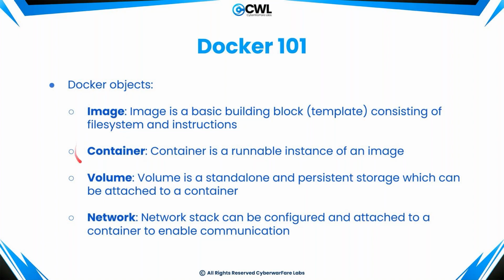Second is the container: out of this image we can run, or spawn, a container, and we will see in a minute how things look. Then the volume is the storage where the data about whatever packages are installed is stored. And then the network requires connectivity with the client or with the application to perform such operations. So these are the basic building blocks of Docker objects.